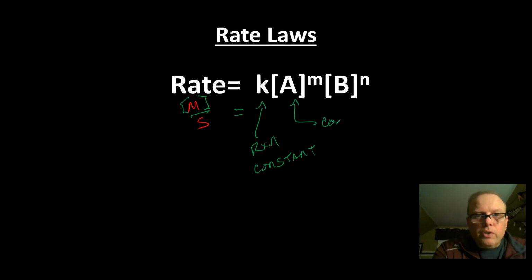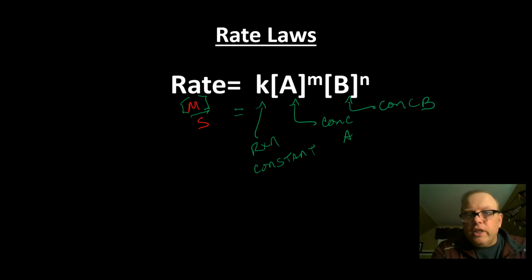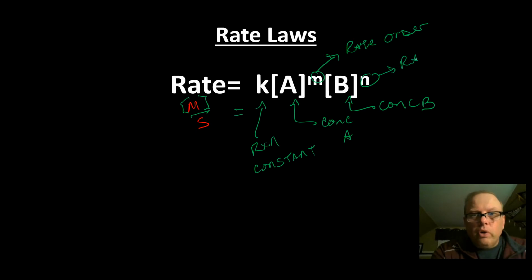Here we have the concentration of A, and here we have the concentration of B. And if we had a C, we would have the concentration of that. M here is the rate order of A, and N is the rate order of B. When combined, all of these things together will tell us what our rate of reaction will be.